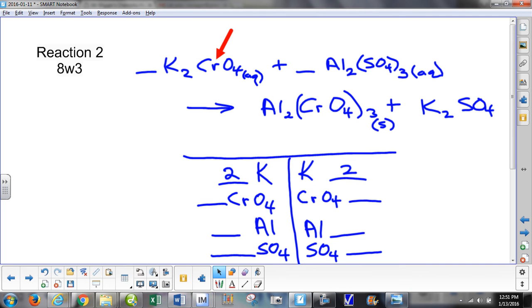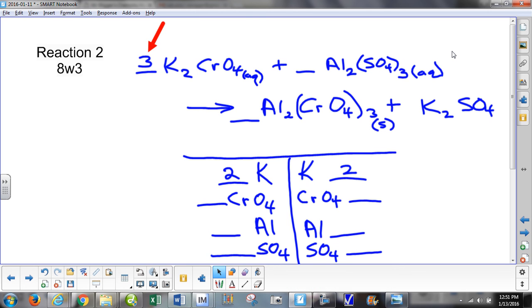I have only 1 on the left, and the chromates on the right are 3. Now we have a fly in the ointment, so we're going to have to fix things. Because we have the 3 over here on the right, because of this subscript, I have to have 3 of these up here, which I can only affect by putting a 3 here.